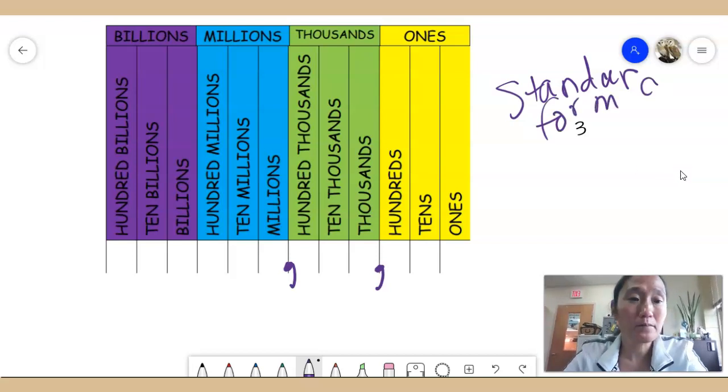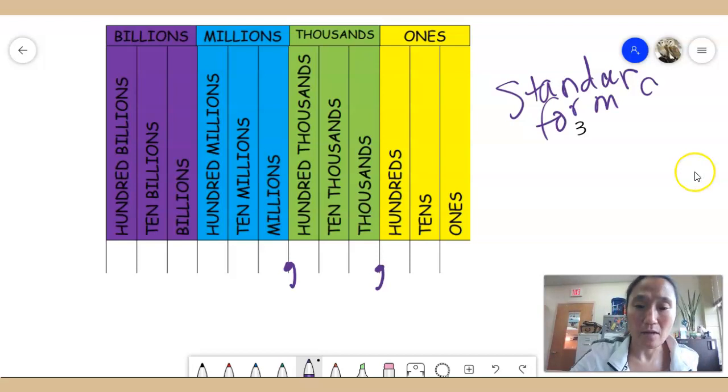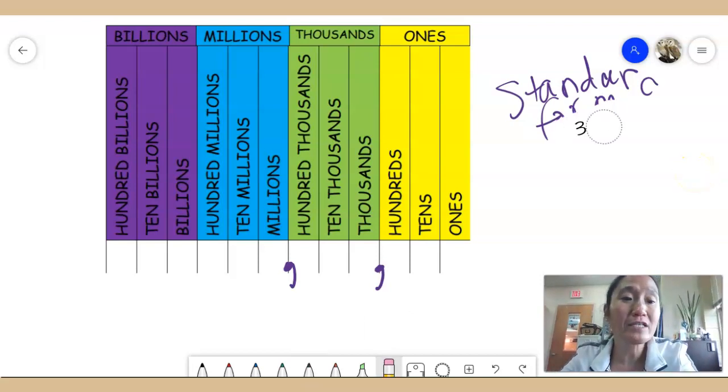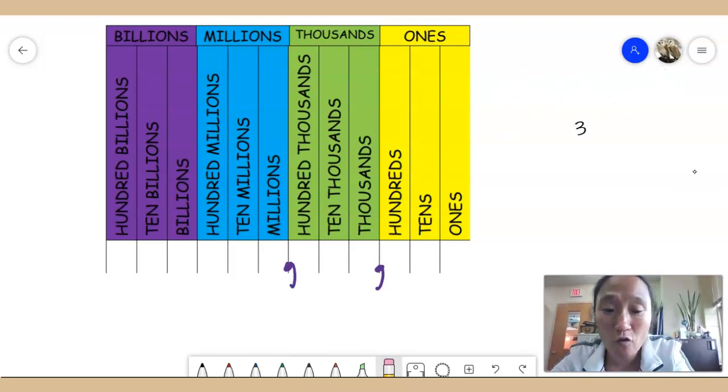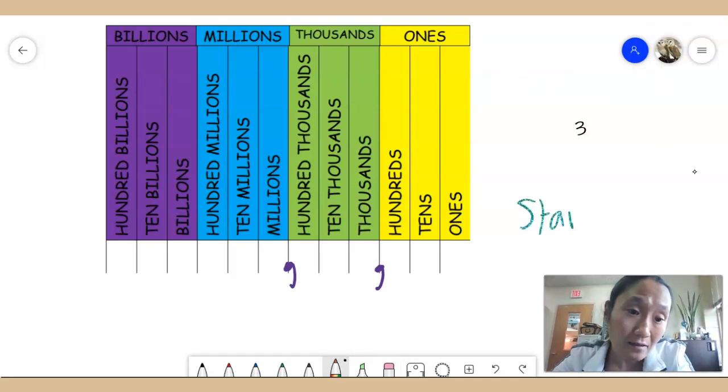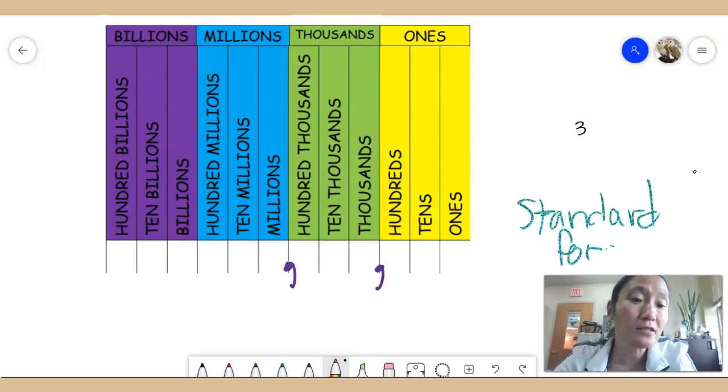Standard form is only just the digits. Standard form is just the digits all put together.